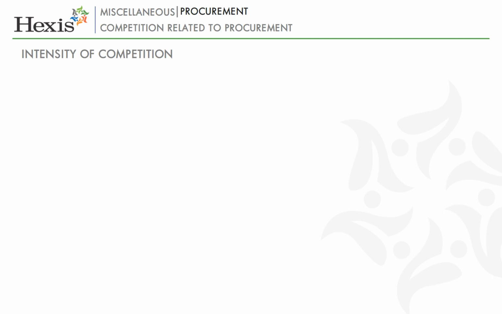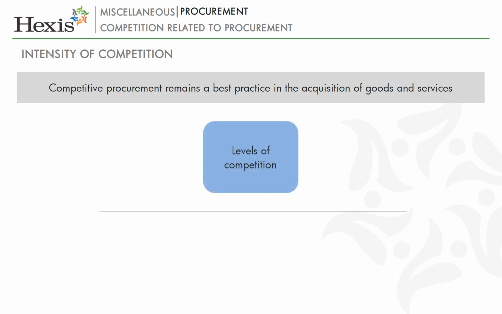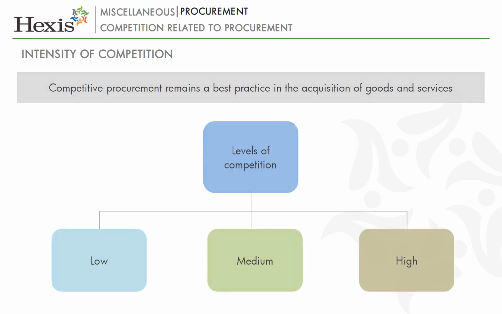Although competition is often diminished in procurement actions for both good and bad reasons, competitive procurement remains the best practice in the acquisition of goods and services. Organizations commonly establish cost thresholds that trigger intensity levels for individual transactions along three levels of competition: low, medium, and high.